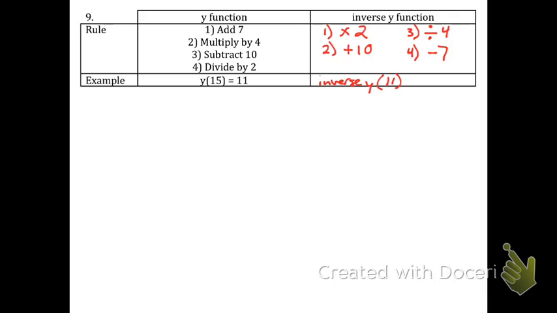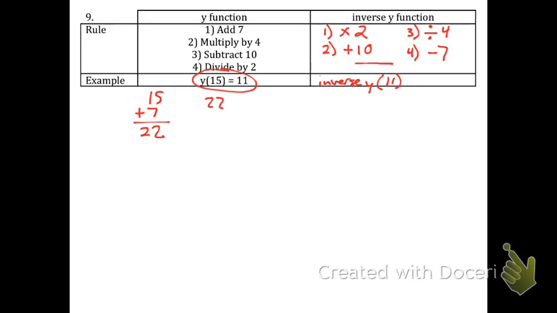Let me try it again. So maybe, let's see here. Maybe this example over here is wrong. Let me try this out. If I do 15 plus 7, that gives me 22.